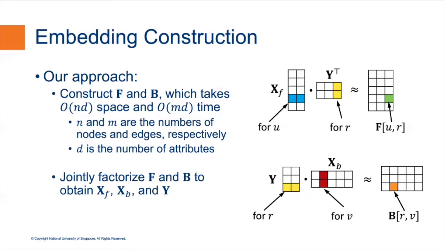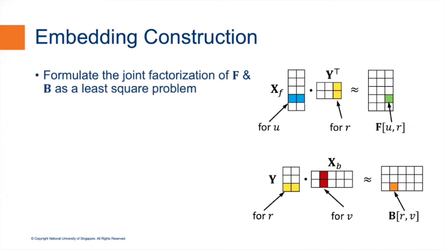Let N be the number of nodes, D be the number of attributes, and M be the number of edges. The construction of the two affinity matrices takes only big O(ND) space and big O(MD) time. Then we jointly factorize F and B to obtain the embedding matrices. We formulate the joint factorization of F and B as a least square problem.